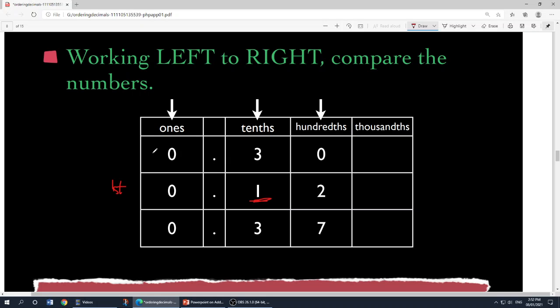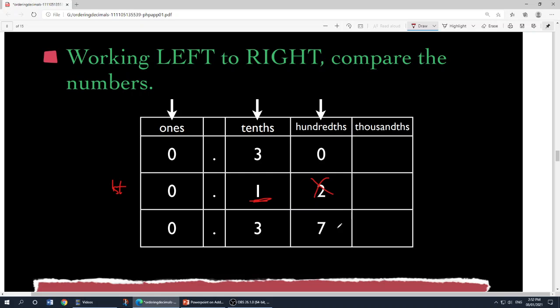What's the next smallest? Well, we've got 3/10 here and 3/10 here. Well, they're equal. Neither is smaller. So that doesn't help us compare there. So now we need to go another step to the right and compare hundredths. So we don't need to compare this one here because we already know this is the smallest.